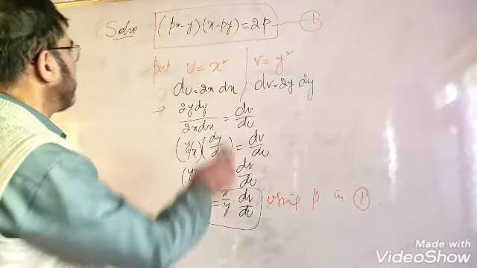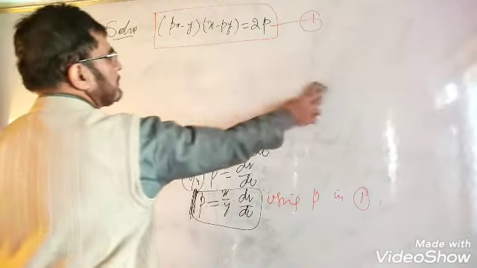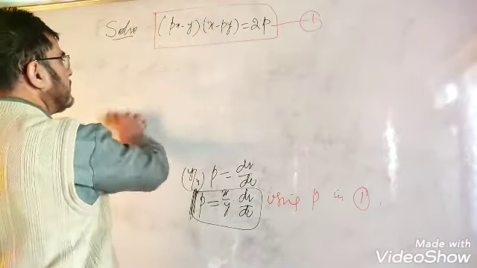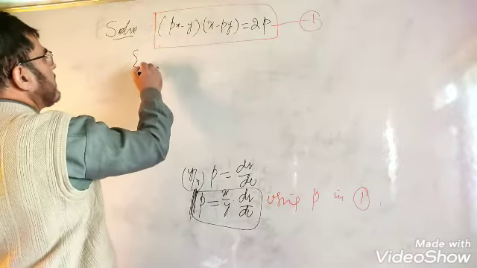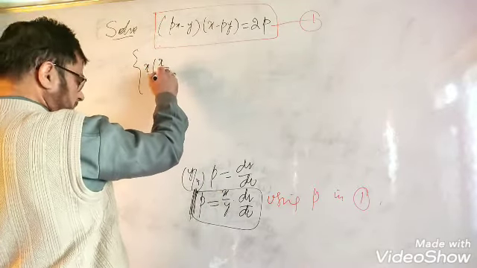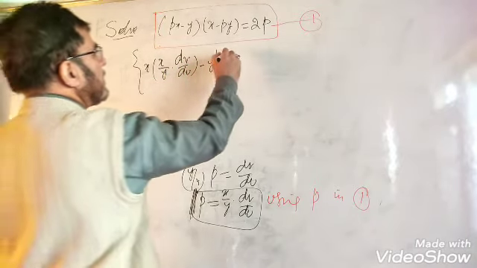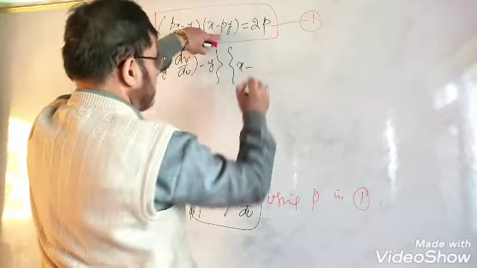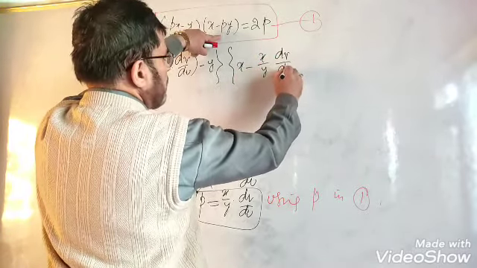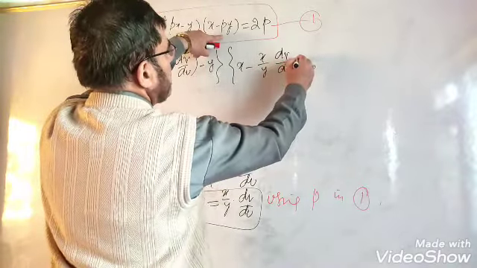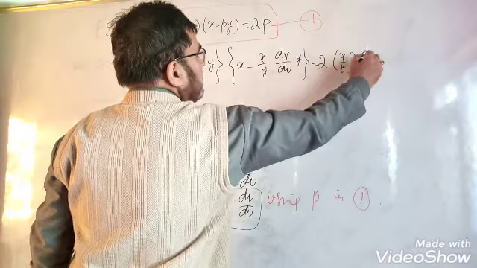Using the value of p, this is x into x by y dv by du minus y, into x minus x by y dv by du times y, equal to 2 times x by y dv by du.